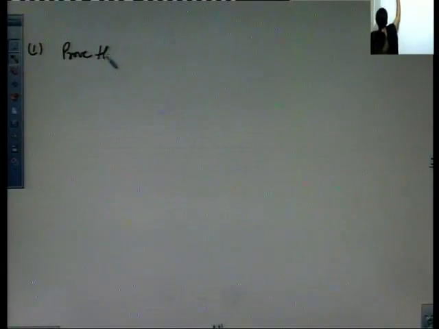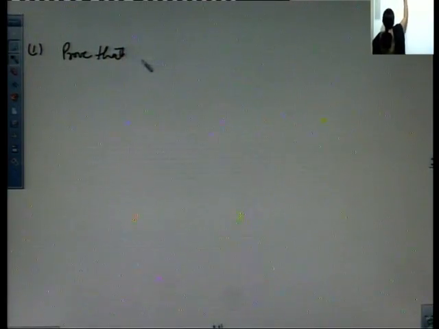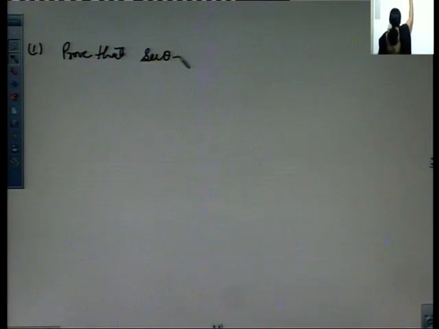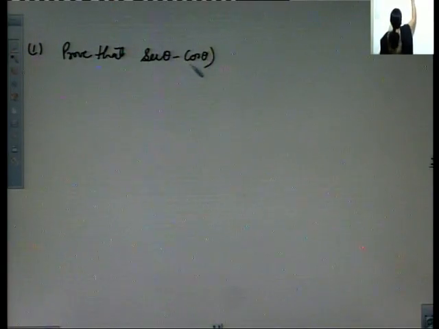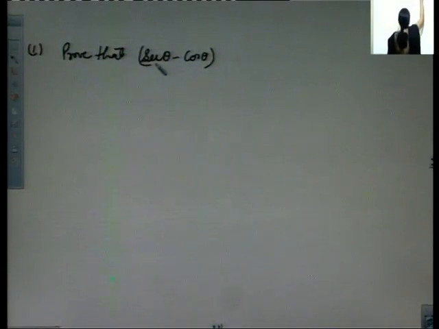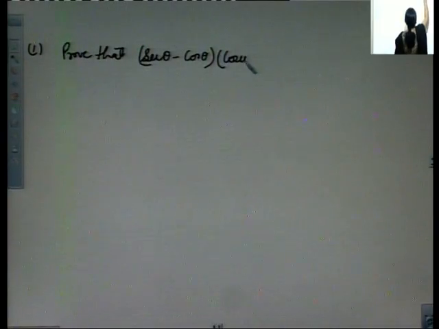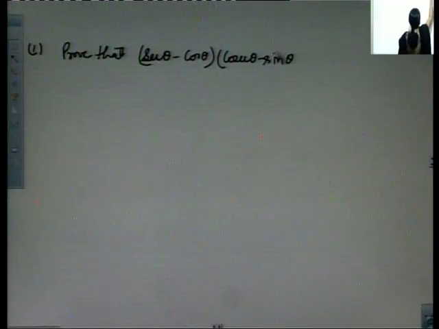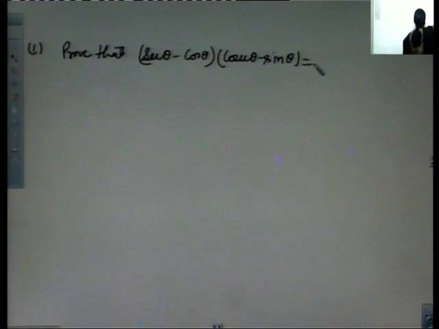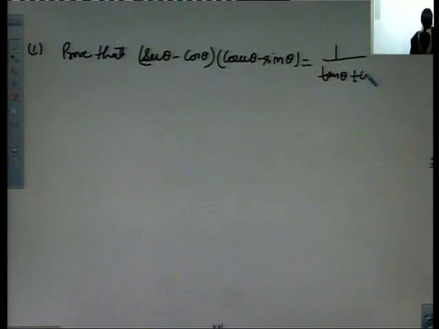Now some problems. Number 1 problem. Prove that (secant theta minus cos theta) and (cosecant theta minus sin theta) is equal to 1 plus tan theta plus cot theta.